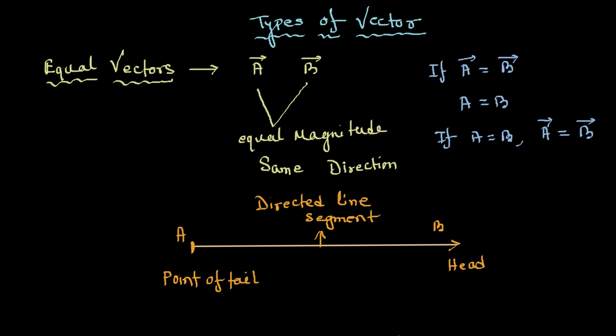So mathematically we can write that AB vector should be negative BA vector. Why? Because the direction of AB is opposite to the direction of BA, or the direction of BA is opposite to the direction of AB. Now suppose we have a vector called A vector, and we need to find its magnitude.